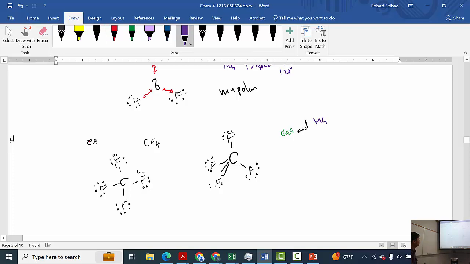And so the EGG and the MG are the same. Any distortions to the angle? No. And this is nonpolar.